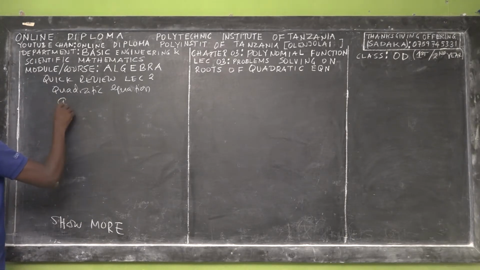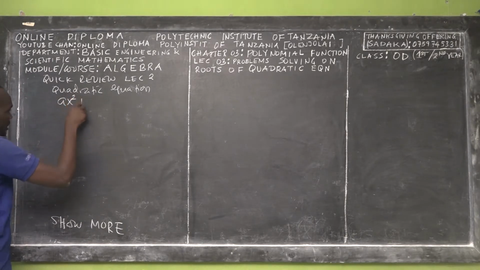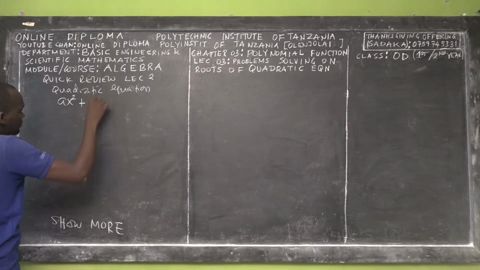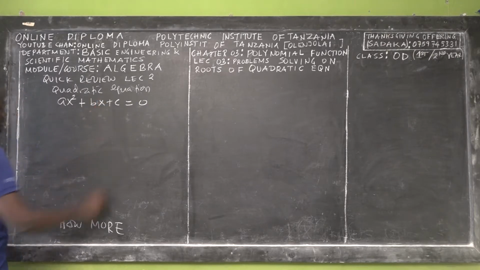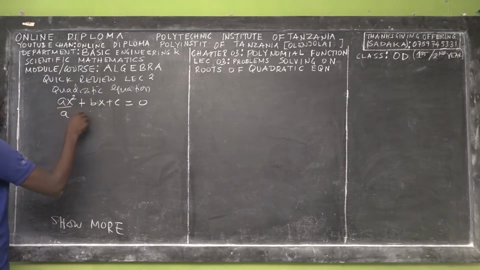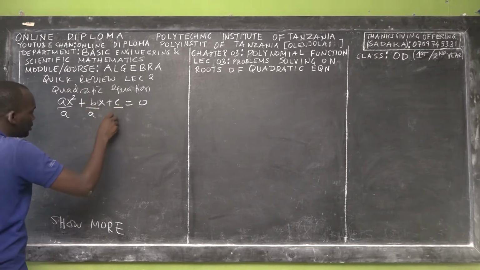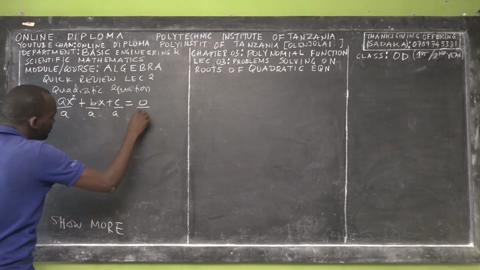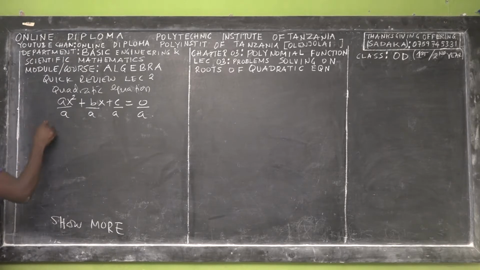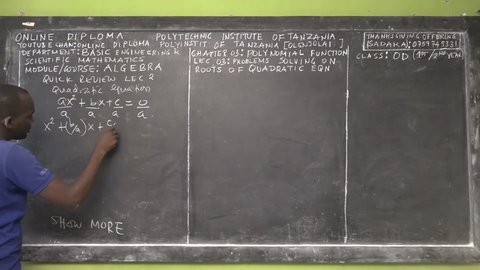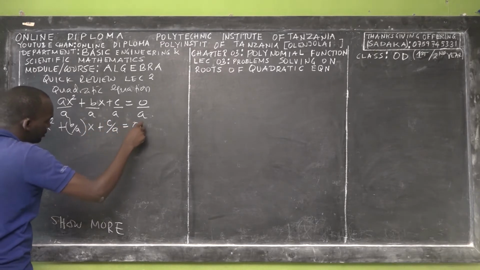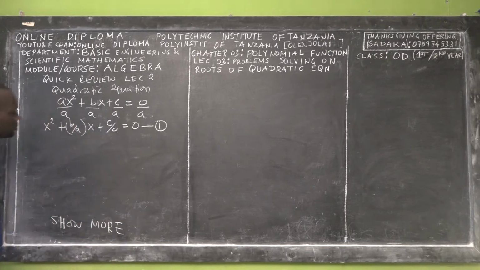We say the standard quadratic equation is ax squared plus bx plus c equals 0. To express it, we simplify by dividing both sides by a. So this is x squared plus b over a x plus c over a equals 0, and this was the first equation.